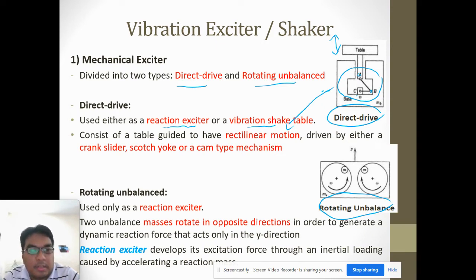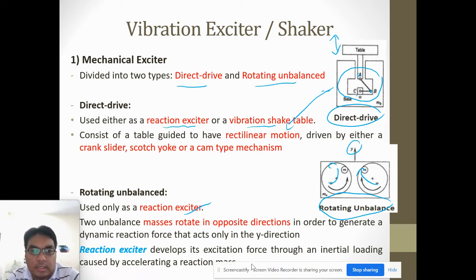And the rotating unbalance only uses a reaction exciter, not a precision shaker table. These two unbalanced masses rotate in opposite directions, for example here, so that they can generate a dynamic reaction force in the vertical direction, in this y direction.